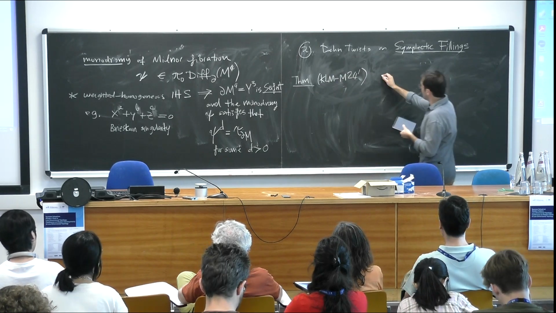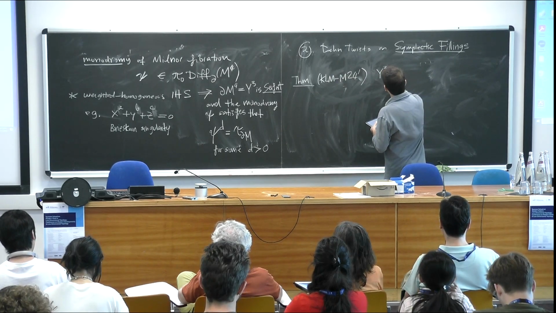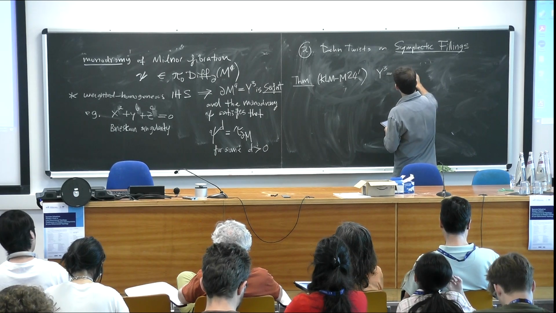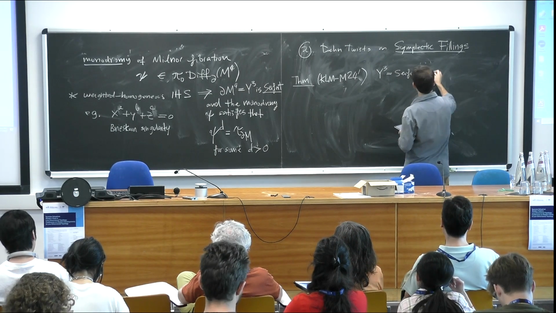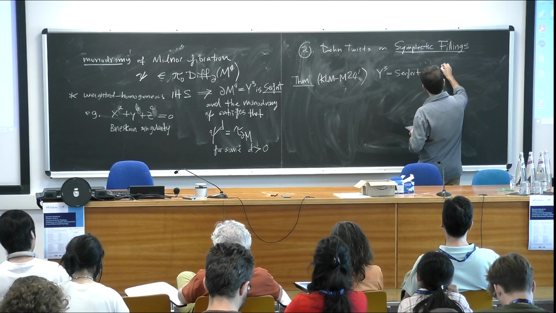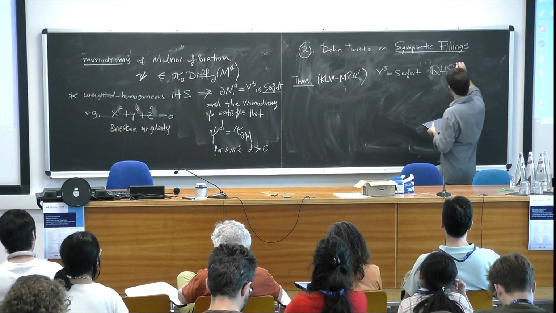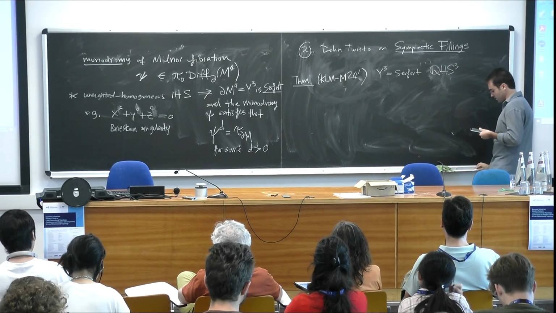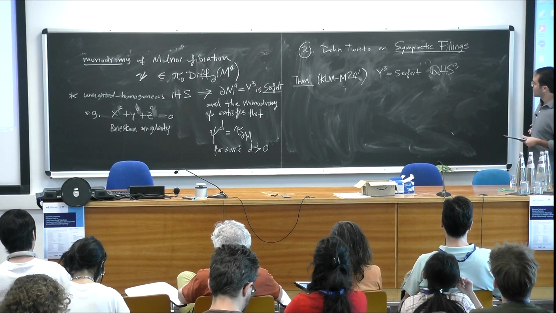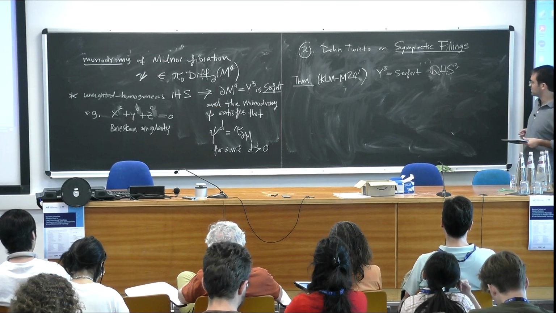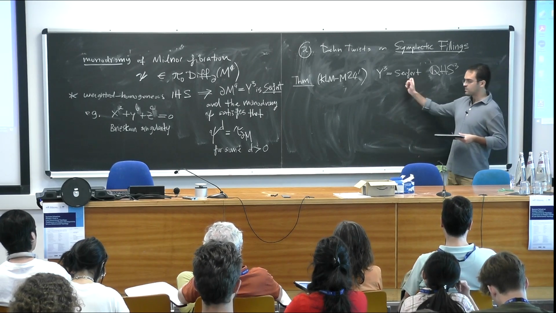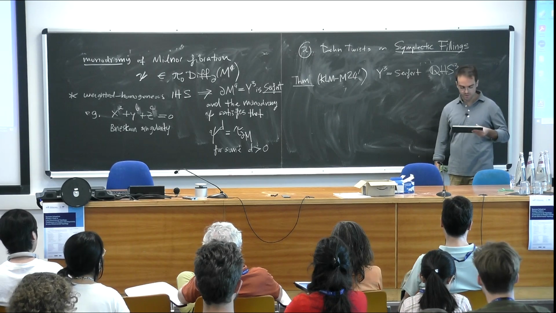So let Y be a Seifert fibered 3-manifold, which is furthermore going to be a rational homology sphere. For the purposes of this theorem, it's quite crucial what the orientation of the Seifert fibered space is.